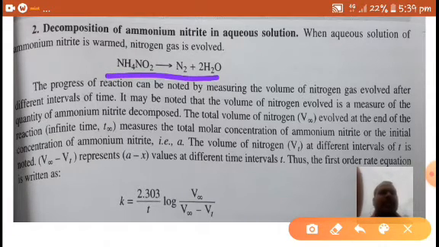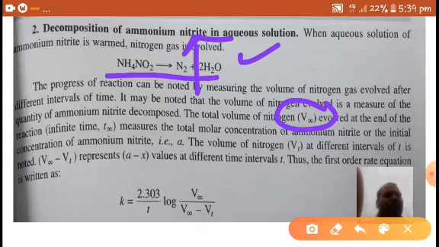The progress of the reaction can be noted by measuring the volume of nitrogen gas evolved after different intervals of time. It may be noted that the volume of nitrogen evolved is a measure of the quantity of ammonium nitrate decomposed. The total volume of nitrogen, V infinity, is evolved at the end of the reaction.